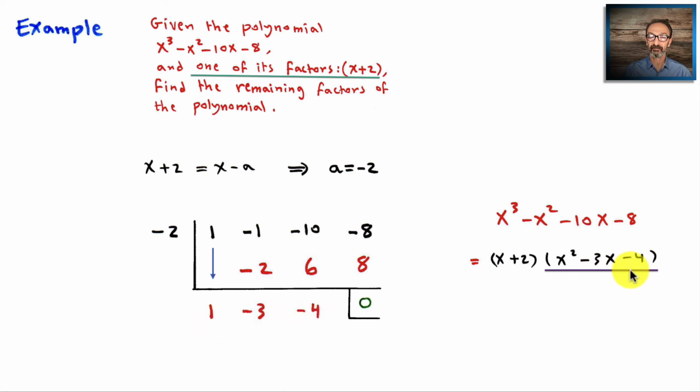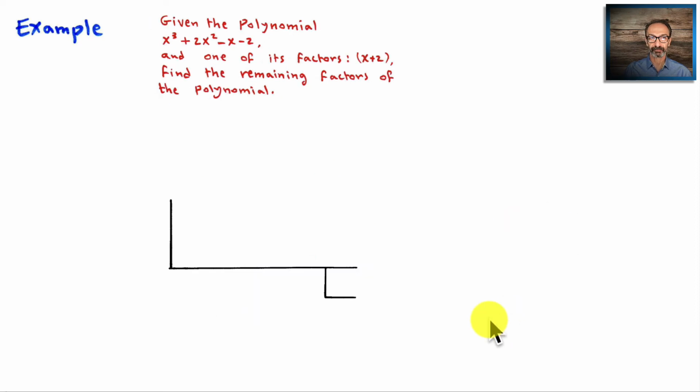But this is factorable. It's x times x, and 4 times 1 with a minus for the 4, to end up by combining like terms with negative 3x. And we're done. One more example.